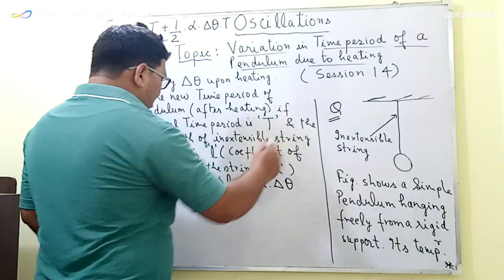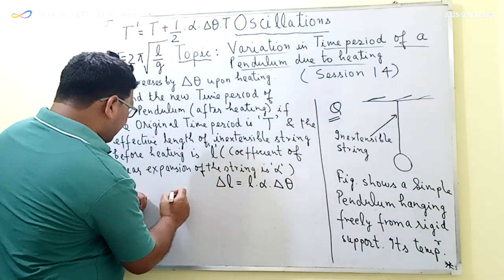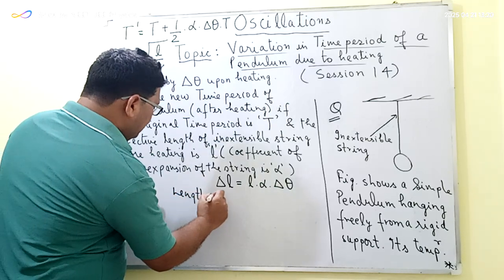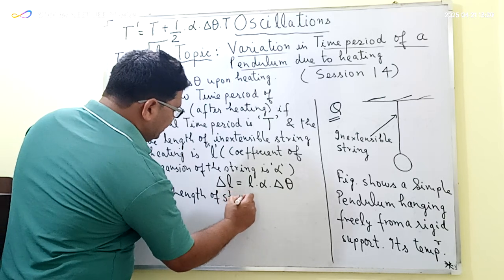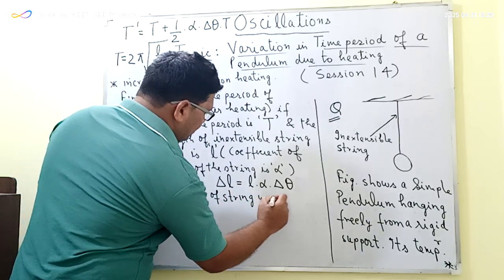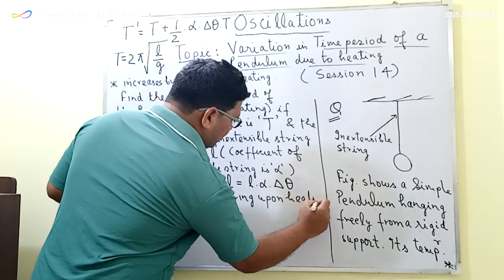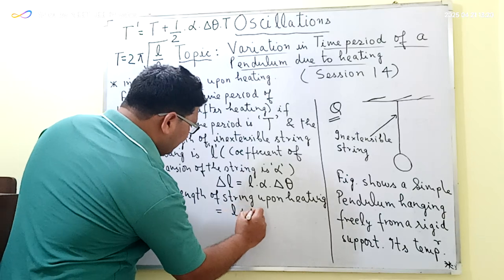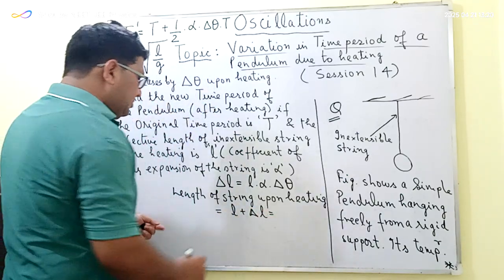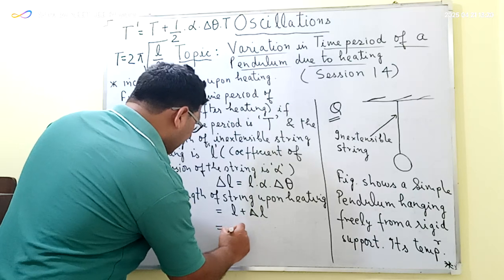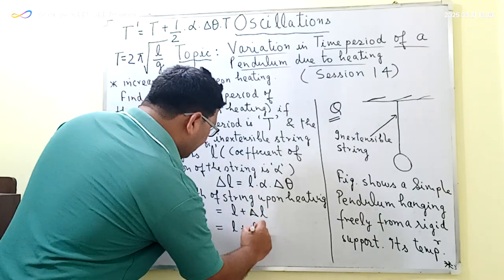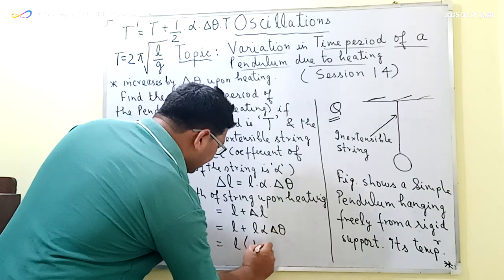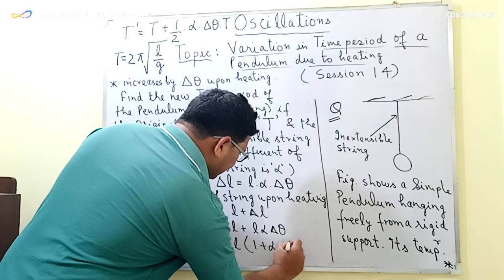So the length of the string upon heating will now be equal to L plus delta L. Now delta L is equal to L alpha delta theta, so we can simply write this as L in bracket 1 plus alpha into delta theta.